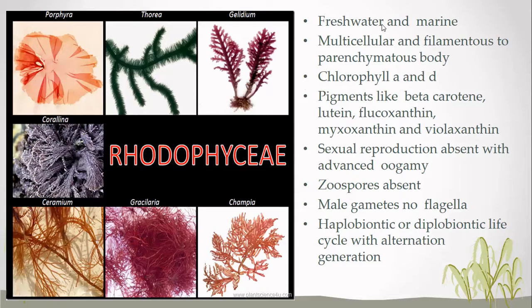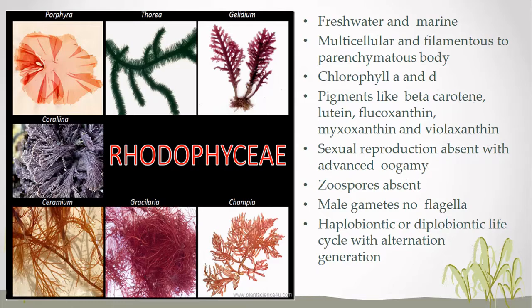So we have freshwater and marine algae, represented by Porphyra, Gelidium, Corallina, Ceramium, Gracilaria, and Champia. So ilang general characteristics, they have chlorophyll A and D, pigments with beta-carotene, lutein, zeaxanthin, myxoxanthin, violaxanthin. Sexual reproduction, oogamy.